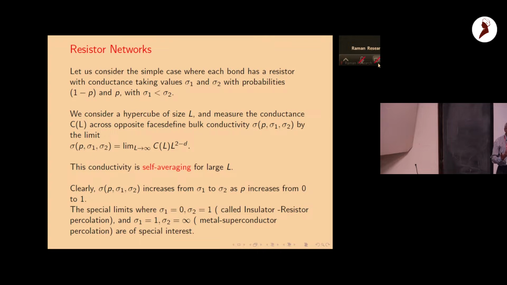So when I calculate a quantity which is averaged over all these subsamples, you calculate the average answer. And the average answer is the same if you take a different sample altogether. So it is called self-averaging because different parts of the sample average themselves and you get the same answer.